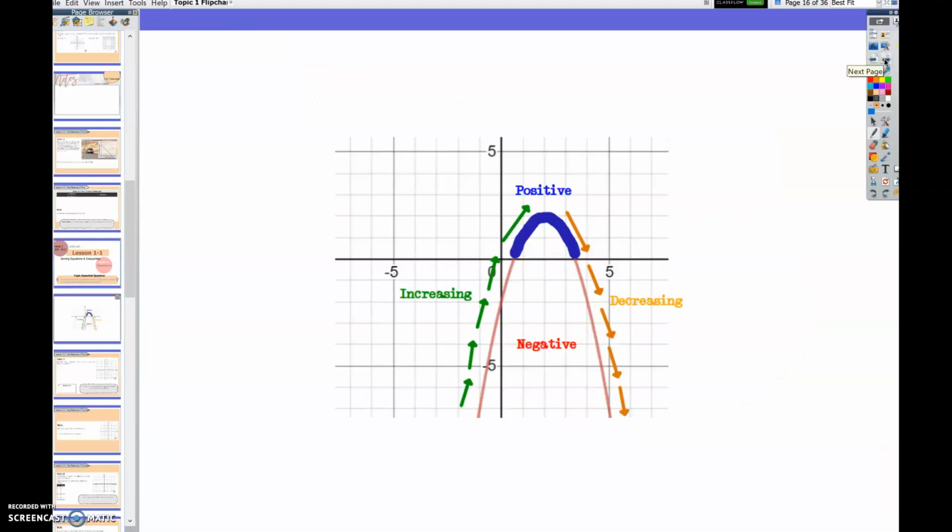Before we get started, you'll want to view this diagram to avoid a common mistake or misconception. Any graph, or part of the graph, that is above the x-axis, we refer to as positive. It's having positive output values. Also, any graph that's below the x-axis is referred to as the negative region, or having negative y values.